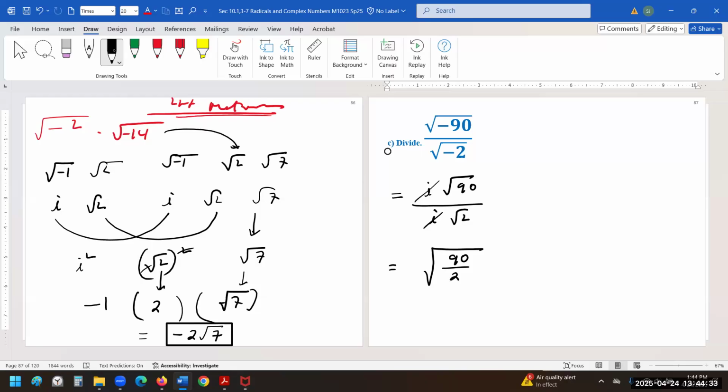Can you divide 90 by 2? How much is 90 by 2? 45. Can you simplify 45? 9 and 5. So square root of 9 and square root of 5. So what's the final answer? 3 square root of 5.